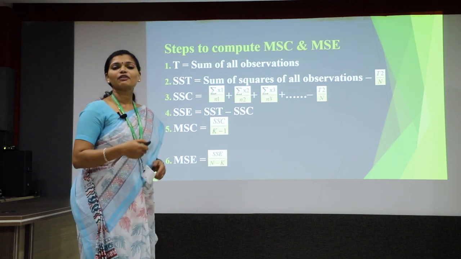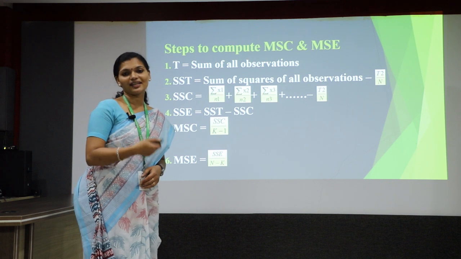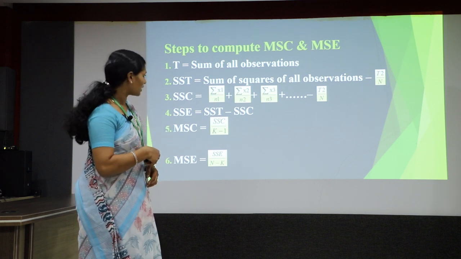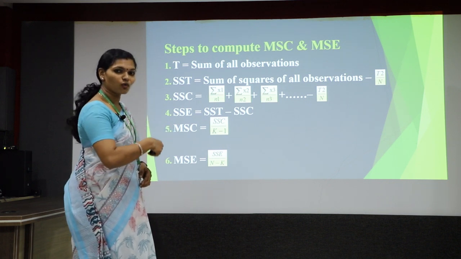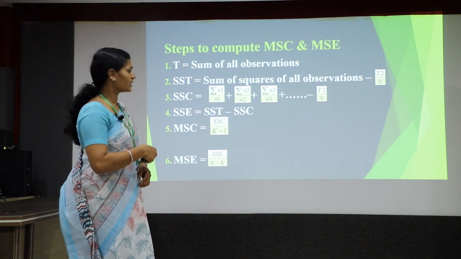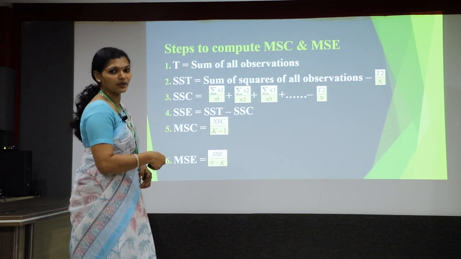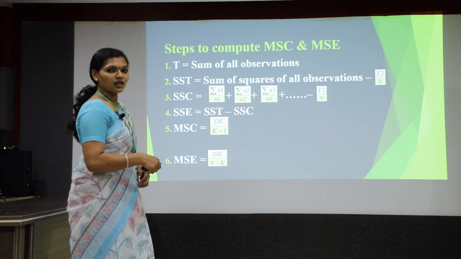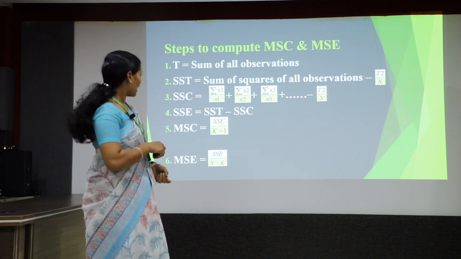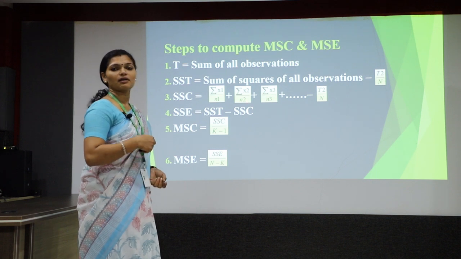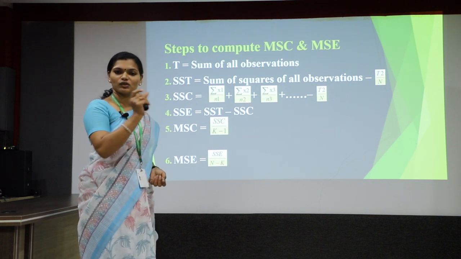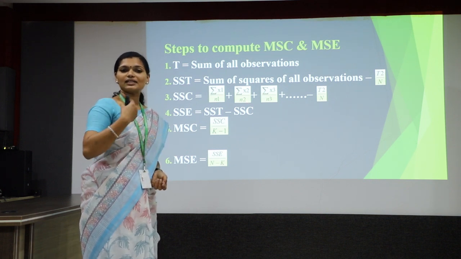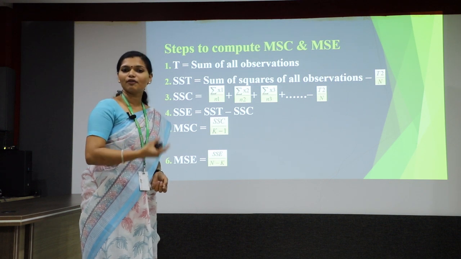Then the next step is SSE. SSE is the sum of squares within sample. It is read as sum of squares within sample, and that is equal to SST minus SSC. Now I will give you a tip to remember this. This SSC is the sum of squares between sample, so C for between sample, E for within sample and T for the total.